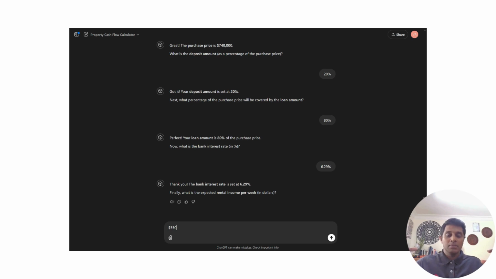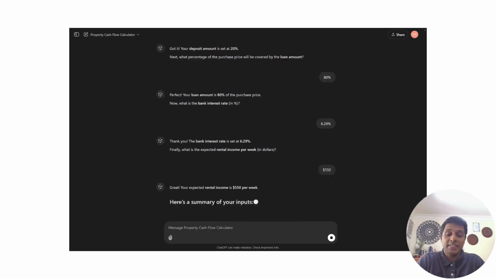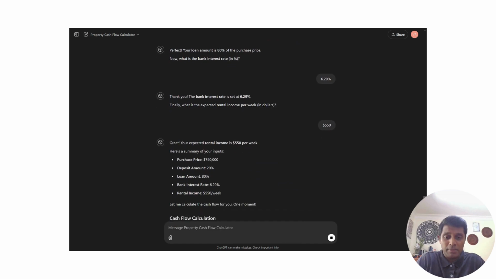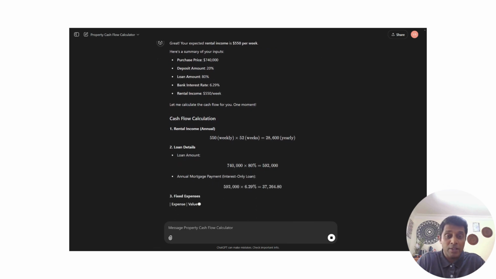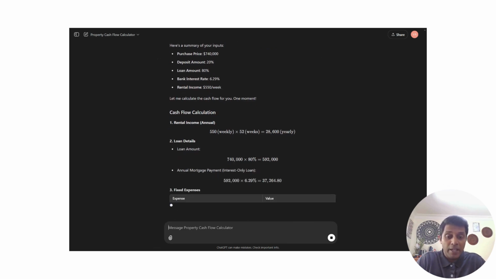Anyone with an objective mind should be able to tell, it's obvious, right, that this is not going to fetch you a good cash flow outlook. But anyway, let's put it in this tool and see what the tool gives with exact calculations, with all the default values for the expenses that we have factored in.